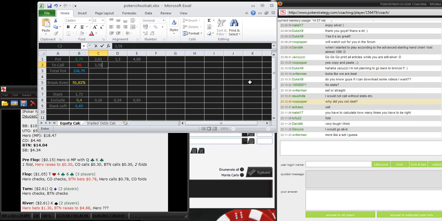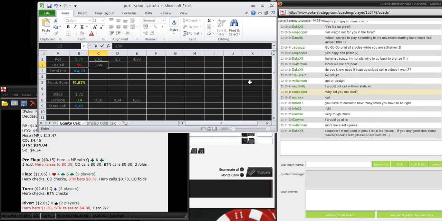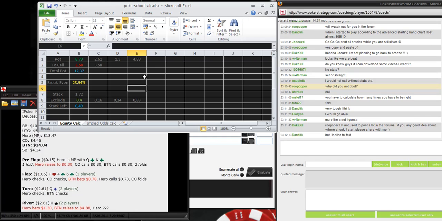We have to call $3.58, and the equity we need would be near 30%. So what will be your line here? Let's talk only about calling or folding, since the button is still a bit deeper, 140 BB, and therefore we don't really want to talk about that. Let's talk only about fold or call.